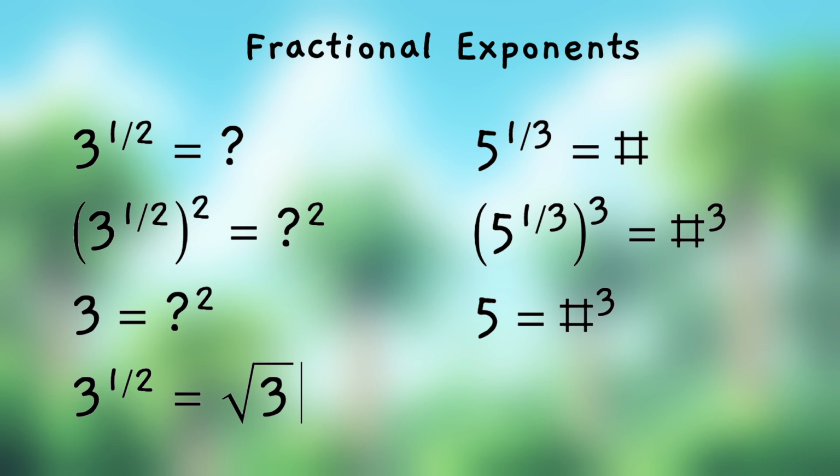Now let's look over here. 5 to the 1/3 can also be written using this notation, but a little bit different. We now put a little 3 on top of that funky symbol, the radical symbol. So why didn't we put a 2 here? You could. It's just when there's a little radical with a 2, that's so common, people often leave off the 2.